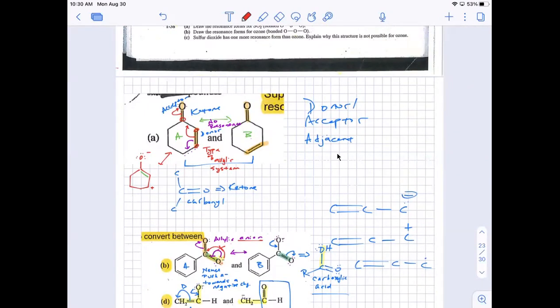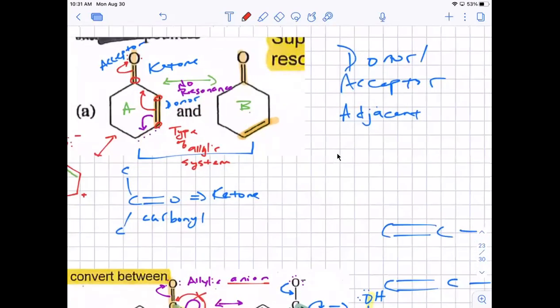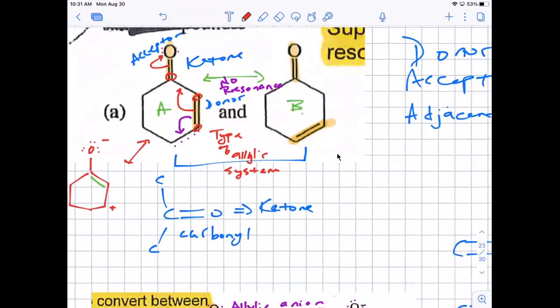I had a question back on the first problem. Okay, go ahead. So are you not able to transfer the electrons? Is it because it's not adjacent? Yeah, they're not adjacent, so they can't talk. Look at the form that they gave us, and they're asking us to put arrows in to go from A to B. But in A, the donor is the pi bond and the acceptor is the carbonyl, so the only way to push electrons is the route that I have shown in red.